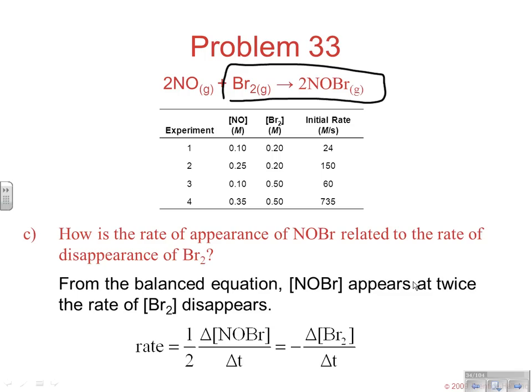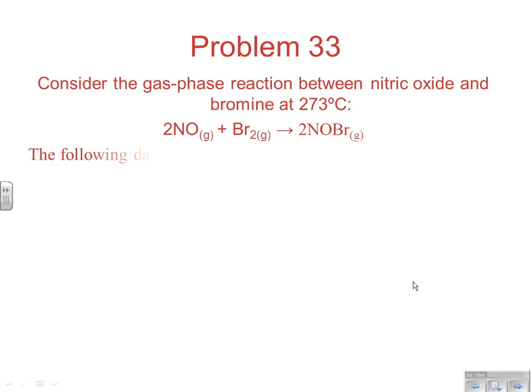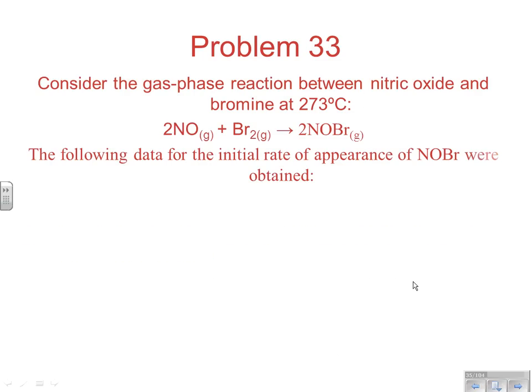So in terms of yesterday's discussion of relative rates, 1/2 the concentration change of NOBr would equal the negative of the concentration change of Br2, because it's the inverse of the coefficient in the rate relationship here. So if we take half of the concentration change of NOBr, that would give us the change of Br2. That would be the relationship between those two things.